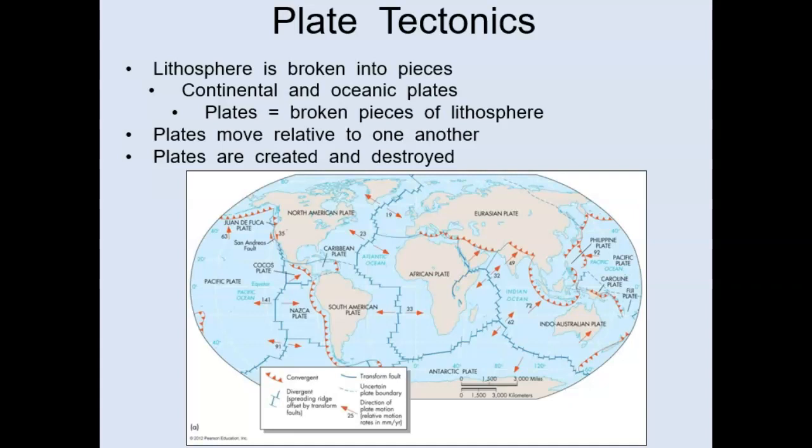The plates themselves are typically named after the land masses that occupy that space. But you see, for example, the North American plate occupies most of the North American continent, but it also contains much of the western and northern part of the Atlantic Ocean, right? The same thing happens, as I just mentioned, in the African plate.